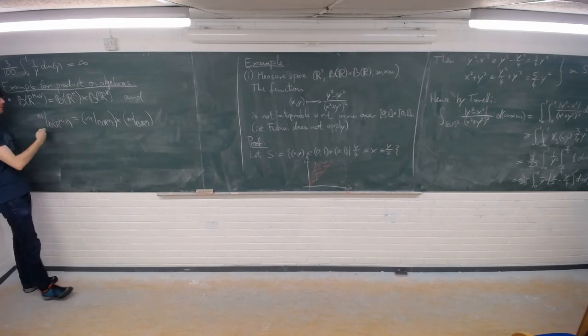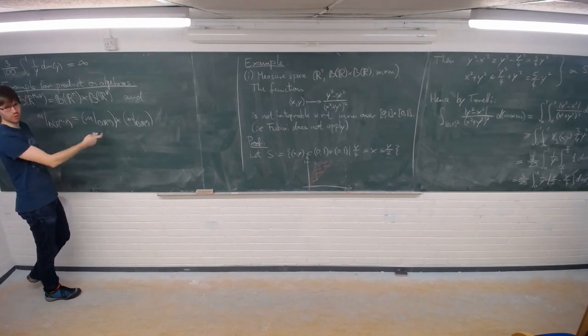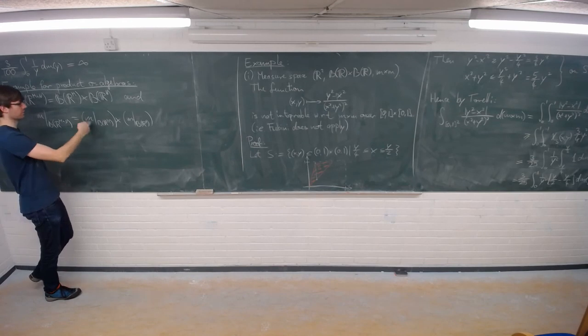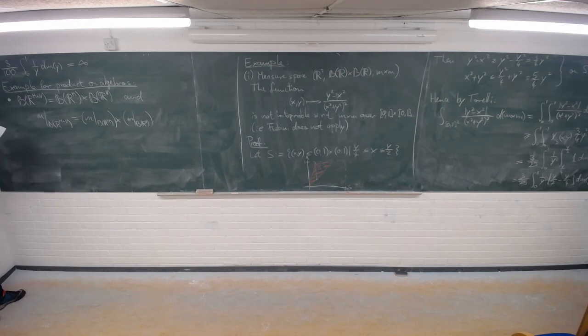So this is also quite nice. So the Lebesgue measure really decomposes into the lower dimensional version of itself on this Borel sigma algebra.